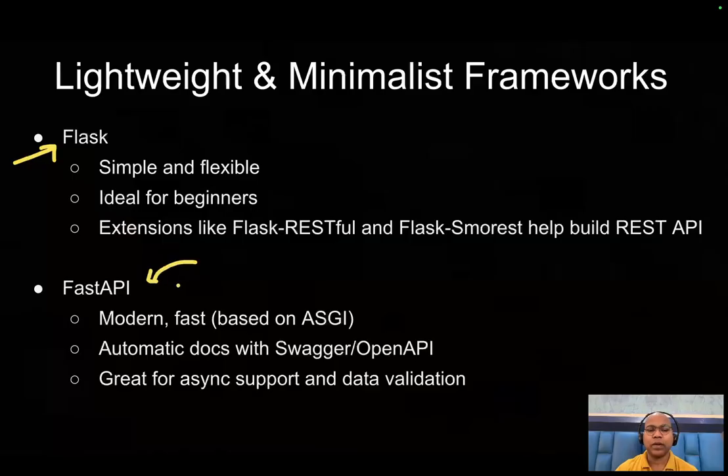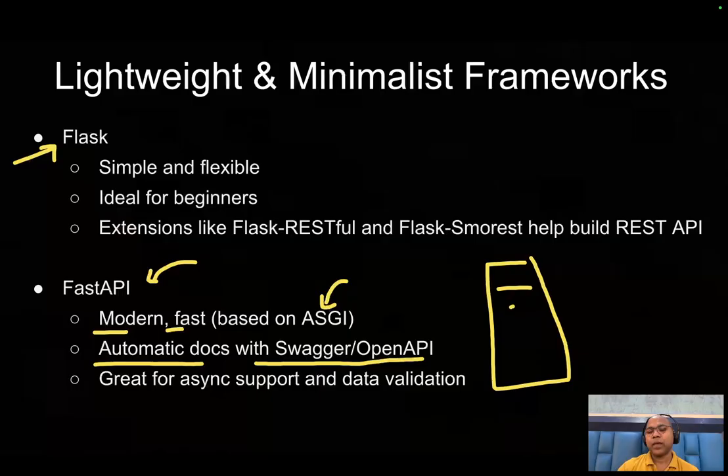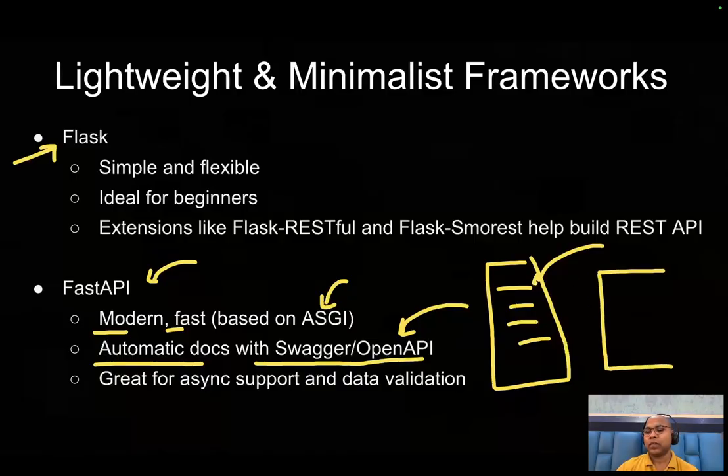And there is also FastAPI, a framework for Python. It is modern and fast, based on the ASGI framework, and it automatically documents with Swagger and OpenAPI. There is a concept in the backend that you can develop lots of APIs. So how does our client know our API requests and responses? There is a community like OpenAPI Swagger that allows UI-based REST API documentation, every request and response, even tests from the Swagger API.